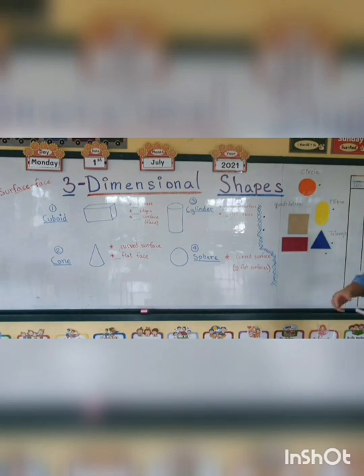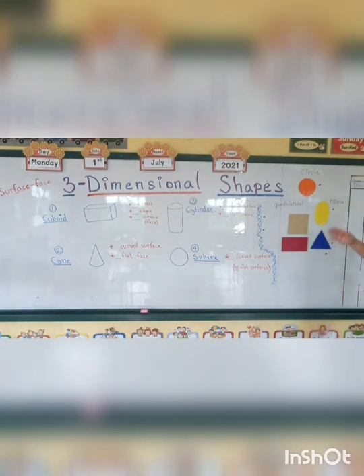Now, let's see if you can remember the criteria for each of these shapes. So, what defines each of these shapes? So, the circle, what is the criteria for being a circle? It's round, yes. Round. Good. And what about the ellipse?